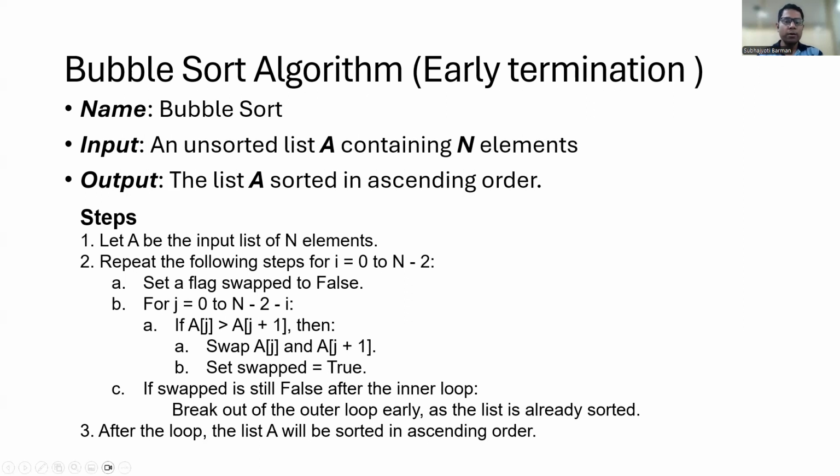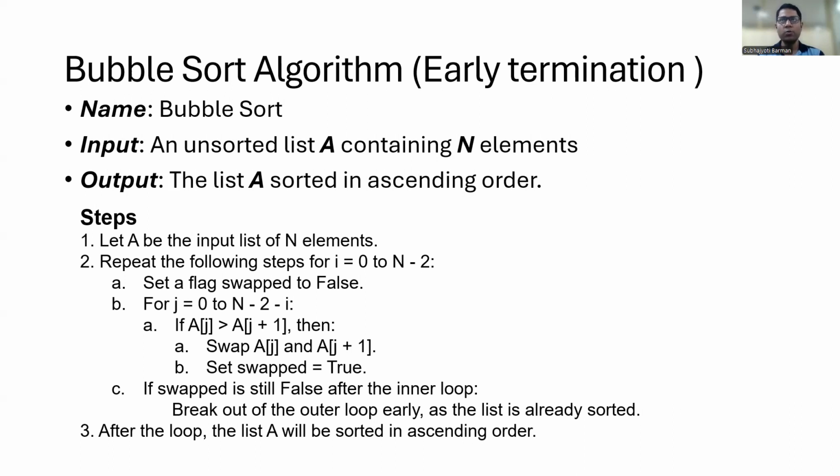So we can remove this kind of unoptimized behavior of my algorithm. Basically, we can keep track of whether swapping happened or not in a particular iteration of the outer for loop. If no swapping happened, then we can terminate the outer for loop.